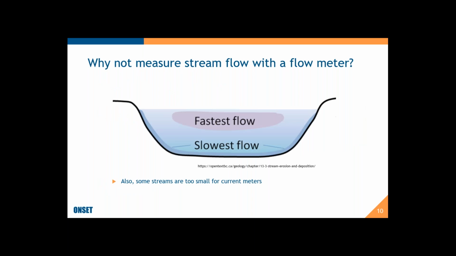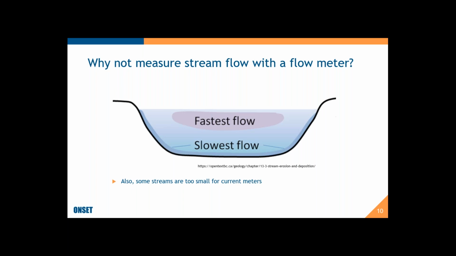One question I often hear is, why don't we just measure flow with a flow meter? This is a picture that helps you visualize why you can't do that. You look at a cross section of a stream here, and the fastest flow is in the middle and in the upper parts of the stream. Then as you get closer to the banks, your flow is naturally slower.